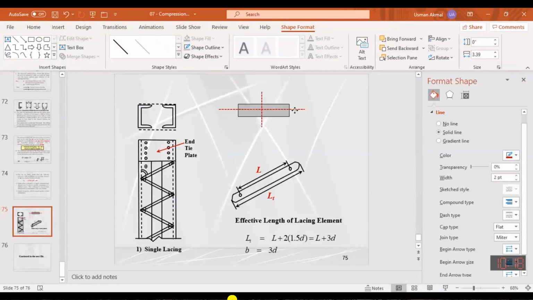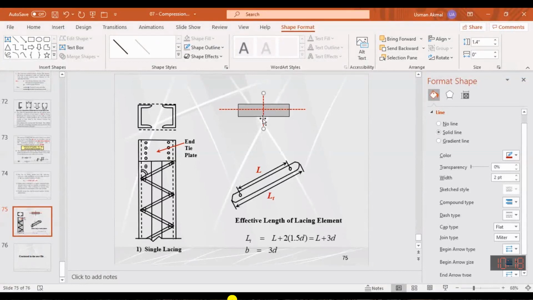So we need to compute the moment of inertia of this plate, and moment of inertia will be minimum about this y-axis. So we need to compute the moment of inertia of this flange plate about the y-axis, because this plate will always buckle about the axis for which the moment of inertia is minimum.